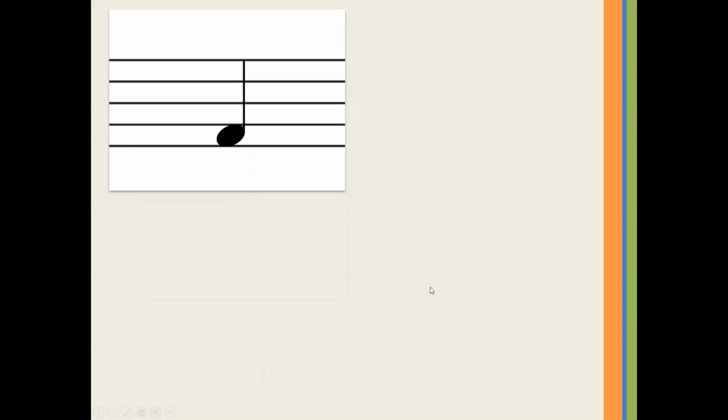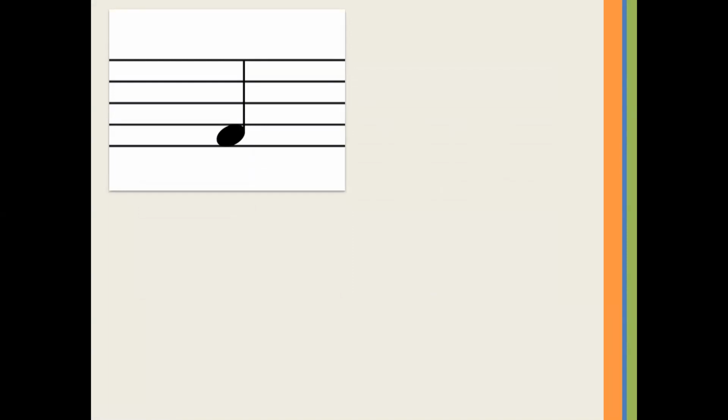Okay. Who will help us with this one? What's the name of this note? Bolu, can you help us? Can you tell us what the name of this note is?